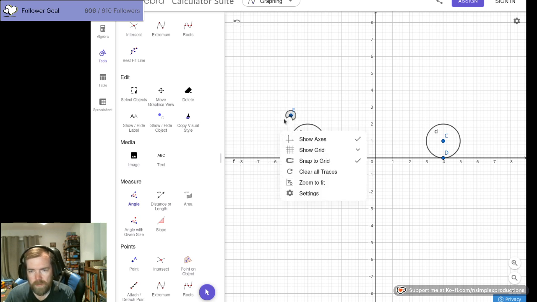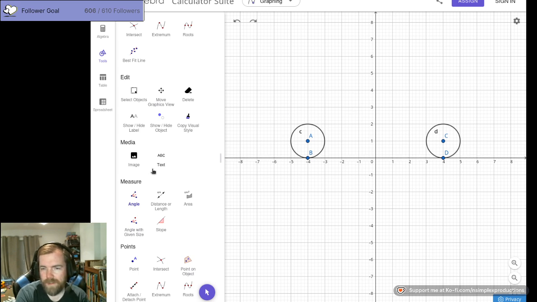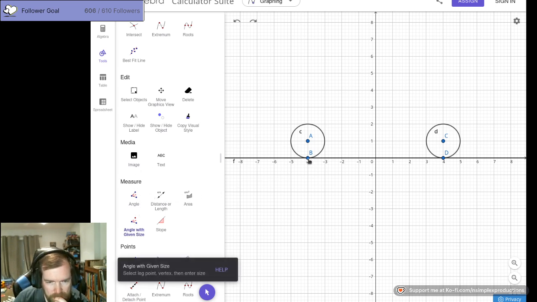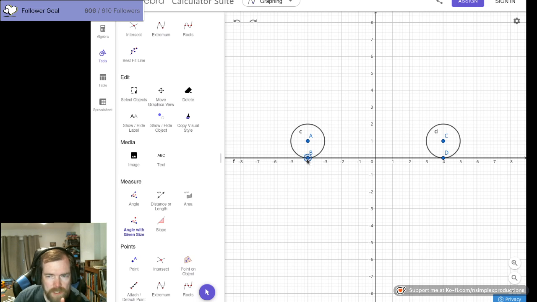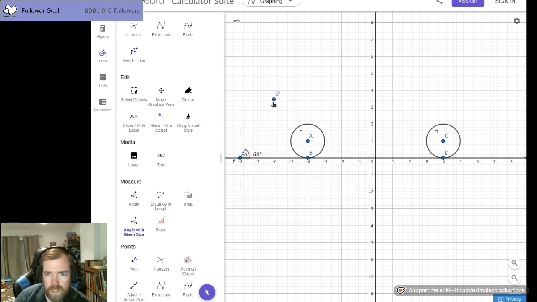Okay, no, never mind. Undo. Oh, redo that one. Okay, so angle with a given size. Select leg point, vertex, then enter size. All right, that's going to be a slight problem because I don't know exactly what it's going to be, but that's fine. So we want a 60-degree angle counterclockwise from this particular position, and so that's going to get us B prime.